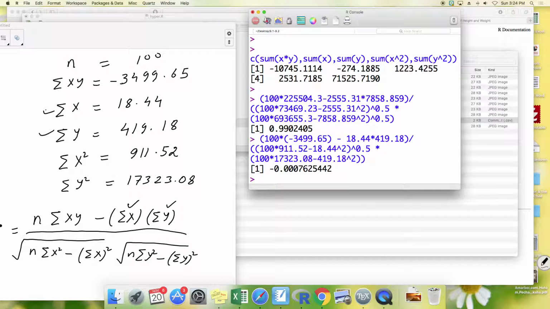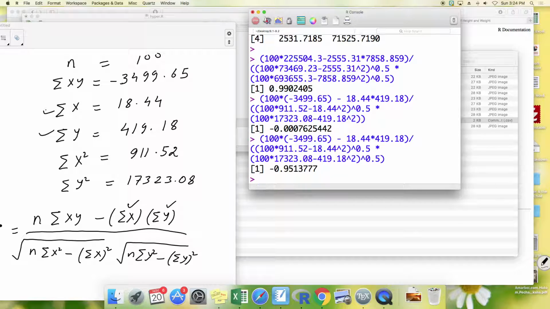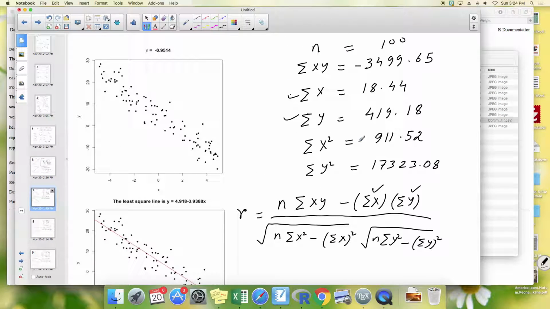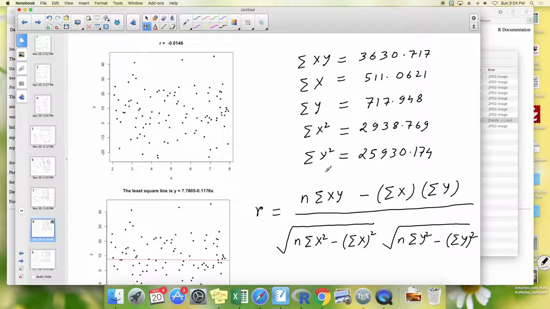Oh, sorry, we forgot to take the square root of this guy, so 0.5, and that gives us minus 0.9513. So yeah, here they got 1.4, I got 1.3. So r equals minus 0.9513.